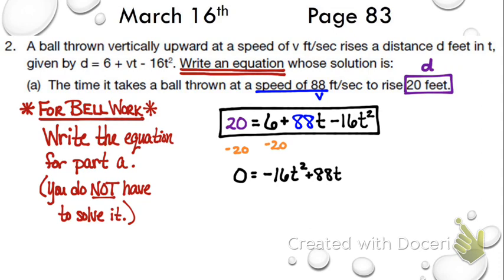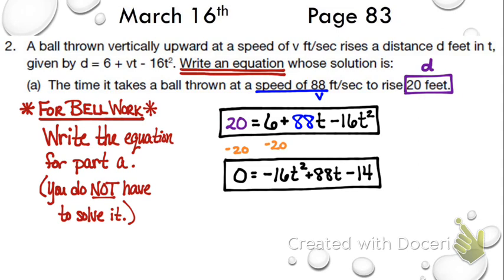The piece that doesn't have any variables. Minus 14. So you could write it either way. So either of those would be absolutely 100% correct.